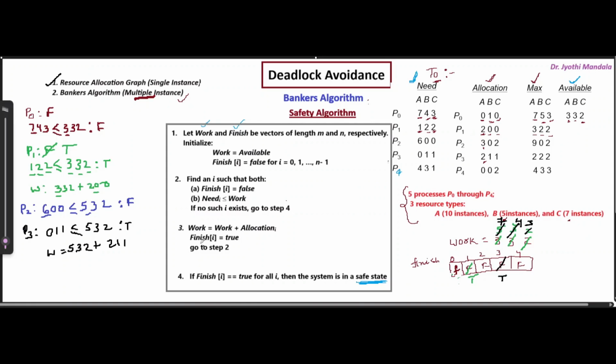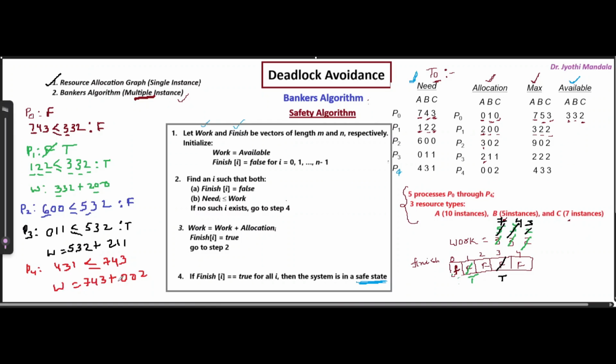Now after that we need to go back to step 2 and go with the next process. Let us take the next process as P4. Same old approach, it is false only. What is the need of P4? 4 3 1, which is less than or equal to 7 4 3. In that case, we take 7 4 3 and add the allocation of P4. What is the allocation of P4? 0 0 2.